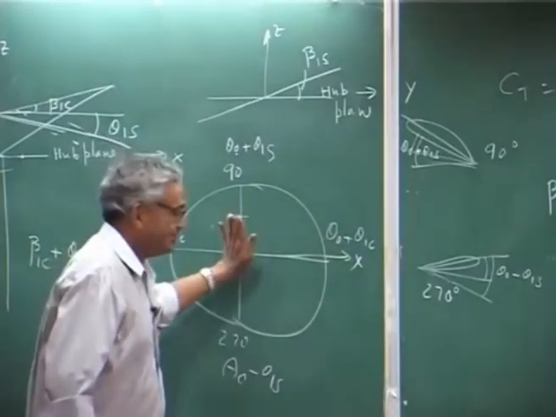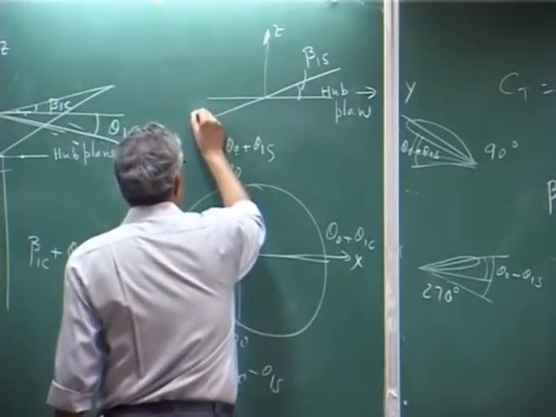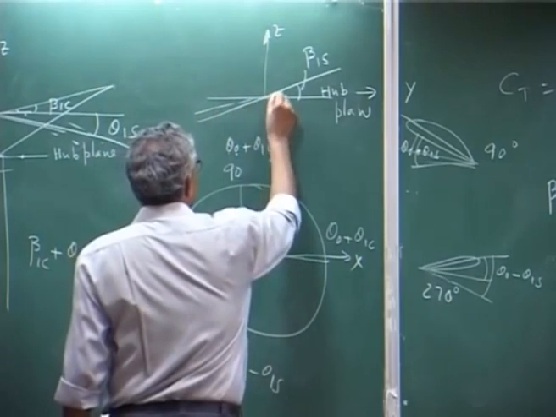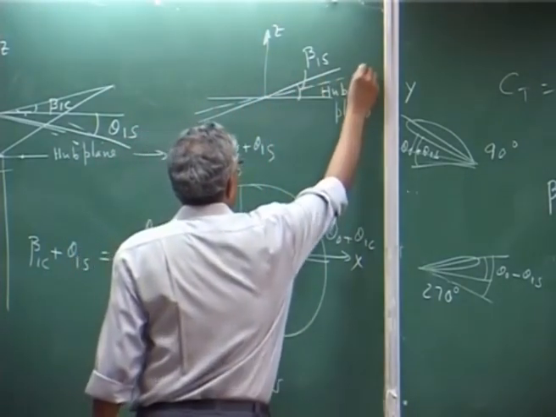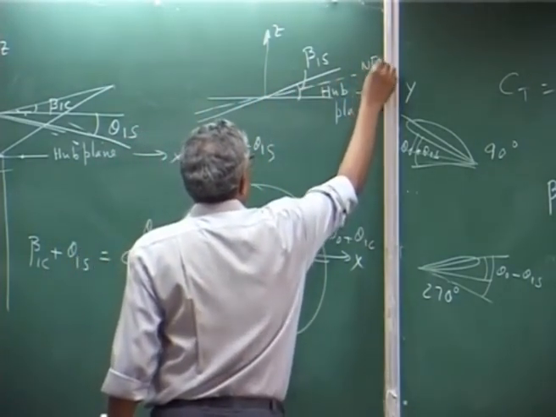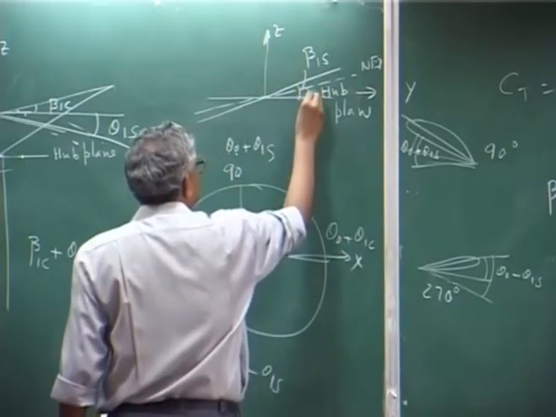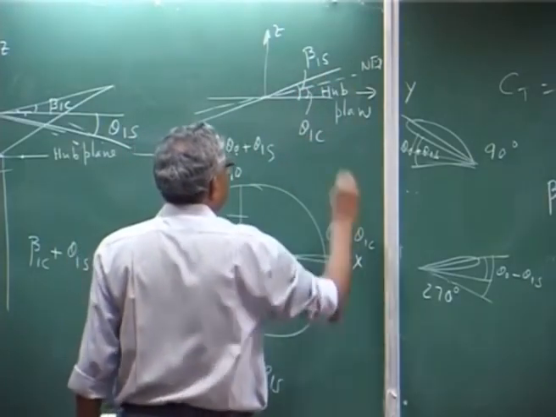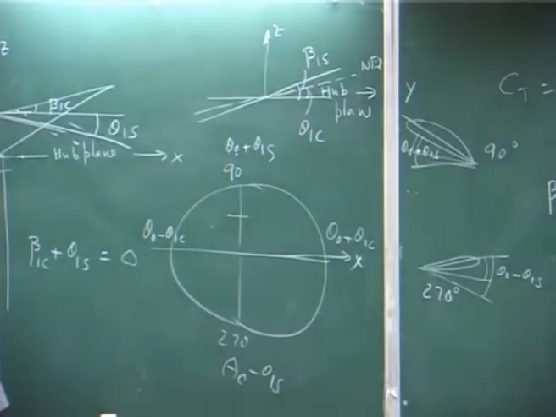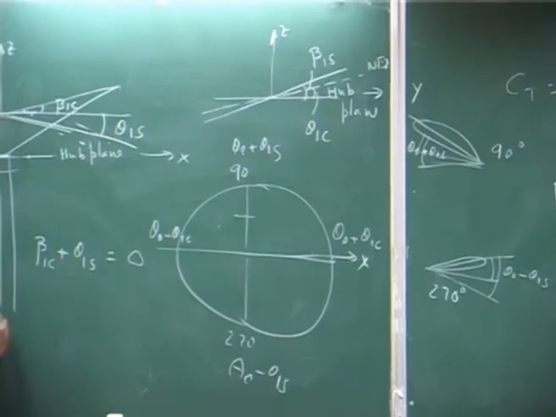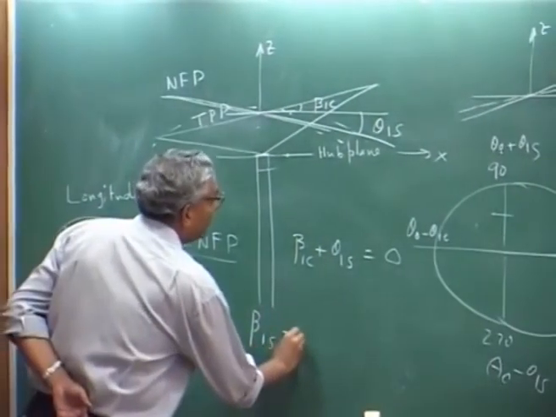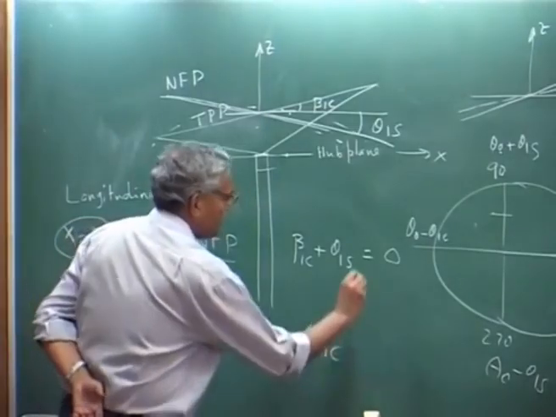So, you will tilt it like this, which means this will be your NFP with this angle theta 1c. Okay. So, the angle between tip path plane and no feathering plane in this lateral is minus theta 1c.